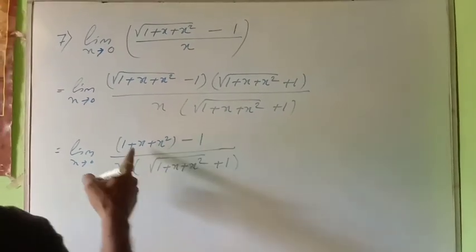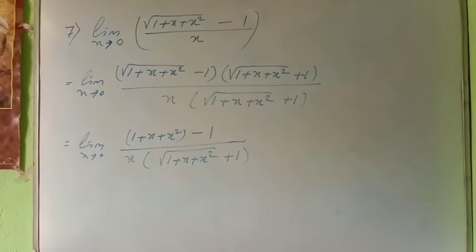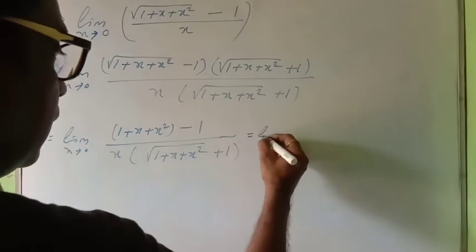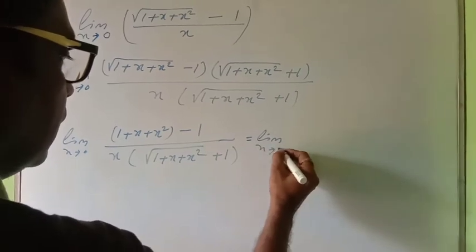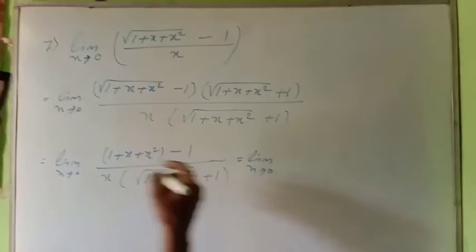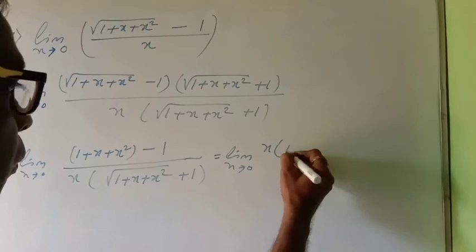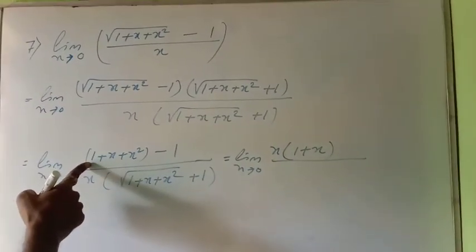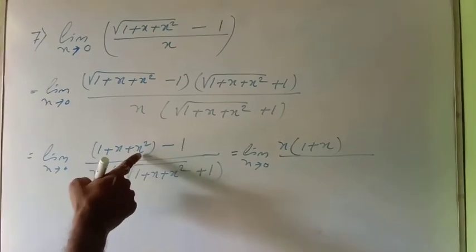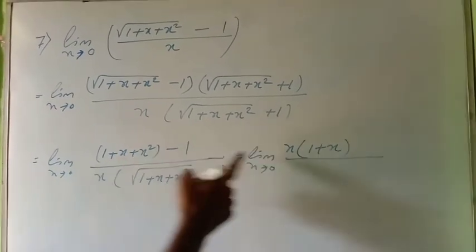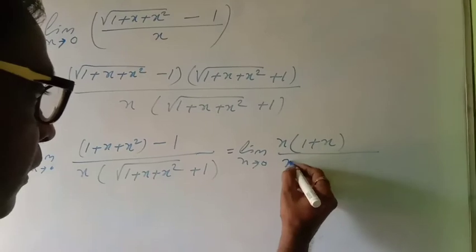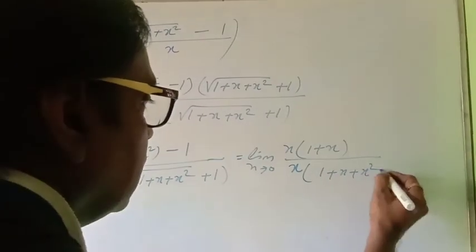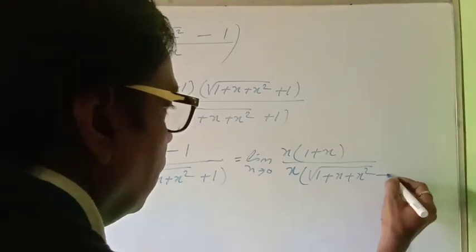Now this 1 and minus 1 will cancel out. What is left here? x plus x square. You can take x common here: x into 1 plus x is left. In the denominator, x whole into square root of 1 plus x plus 1.